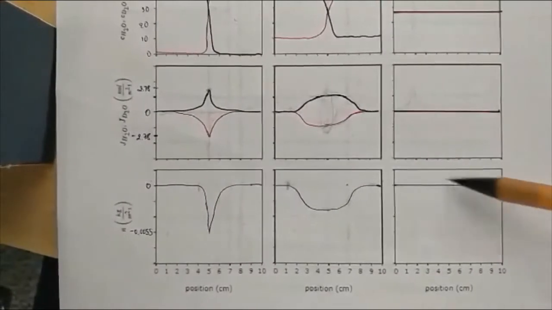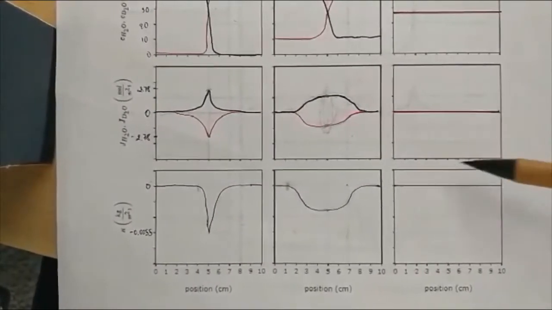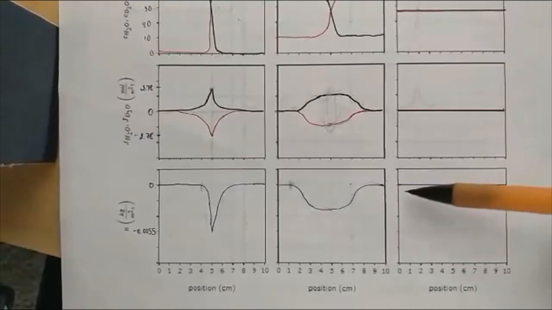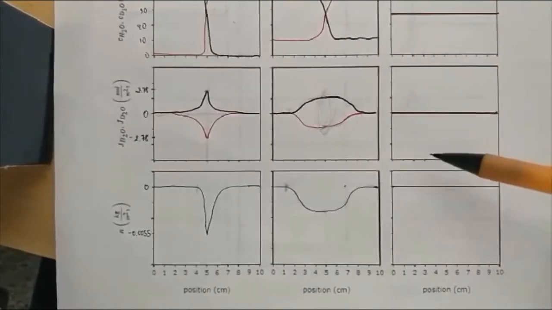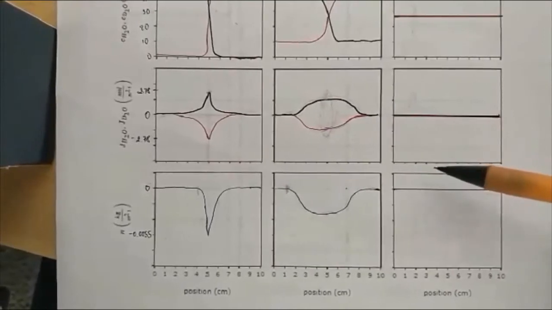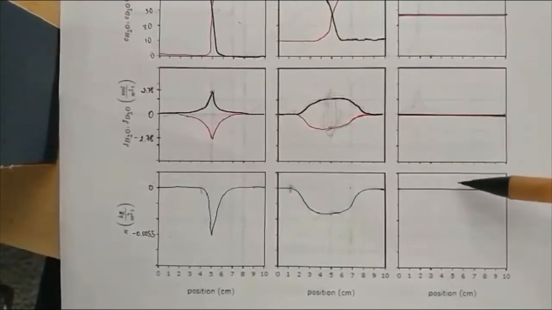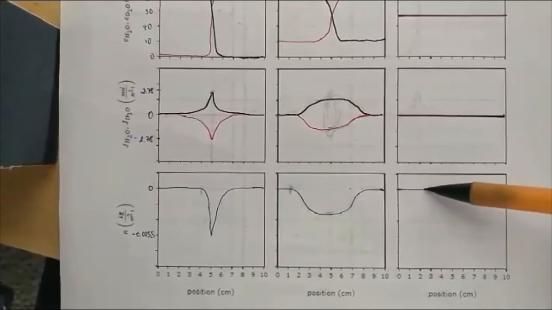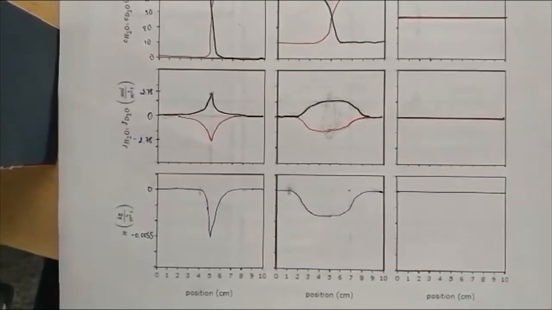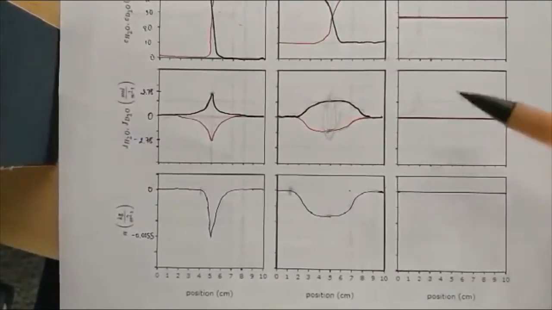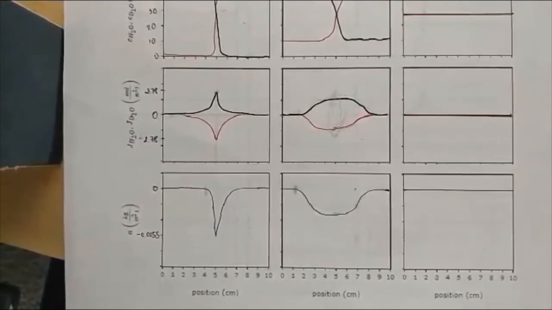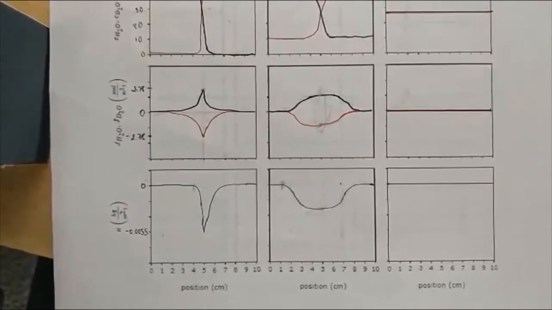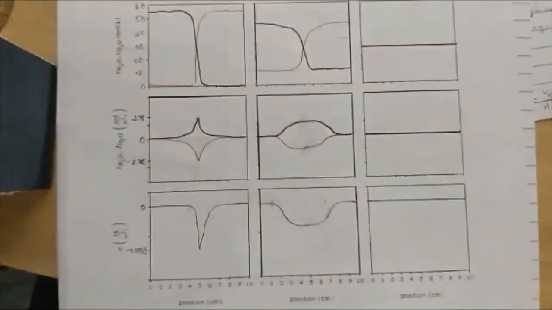Also at the end, time is infinity. The velocity is 0 because the concentration of two components is uniform throughout the tube. So the atoms don't move anymore. And this is our whole graph.